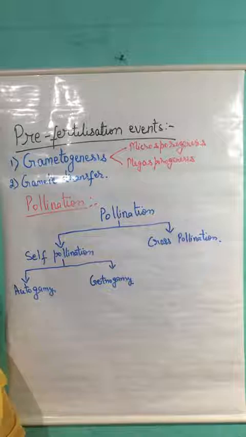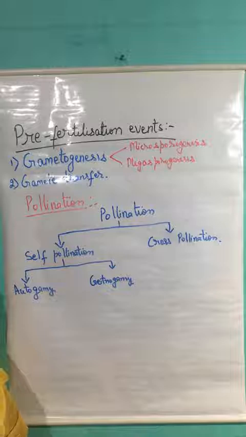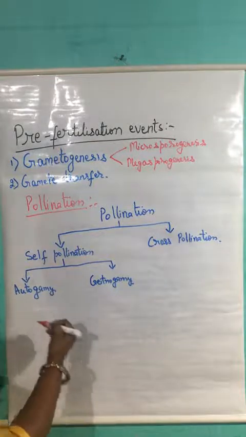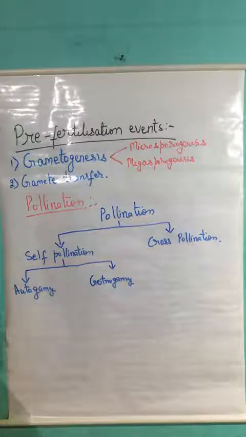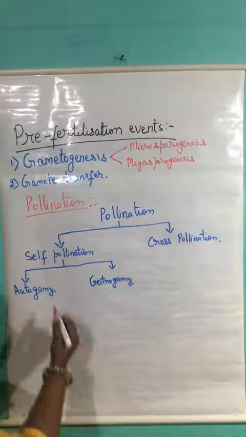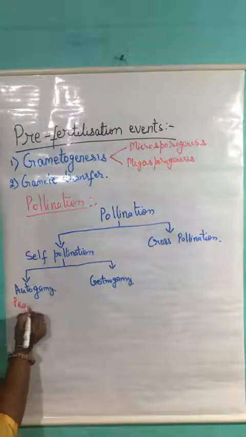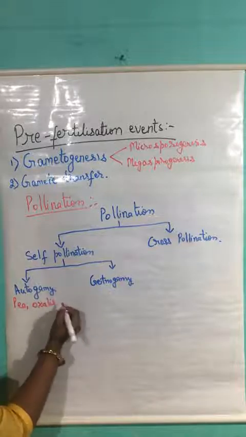Autogamy is the type of pollination which occurs in a flower where the transfer of pollen grains takes place from the anther of the same flower to the stigma of the same flower. Here the transfer of the pollen grains occurs between the anther and the stigma of the same flower of the same plant. The best example is pea, oxalis, etc.